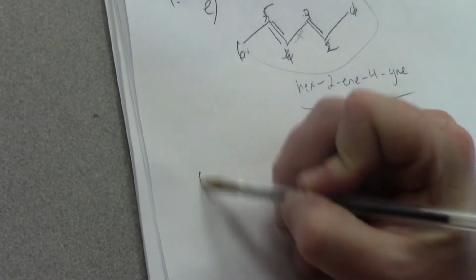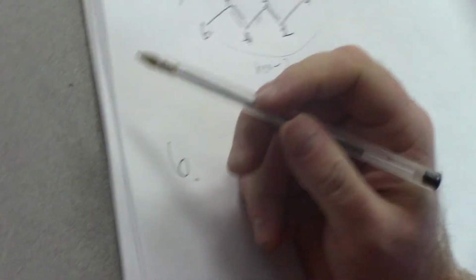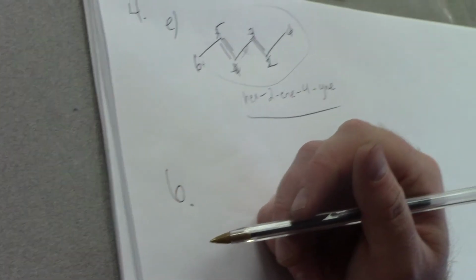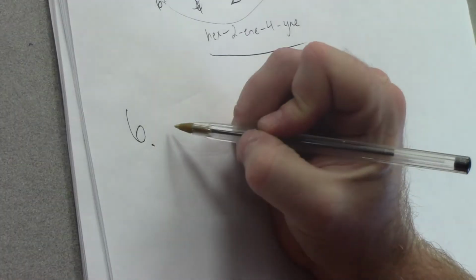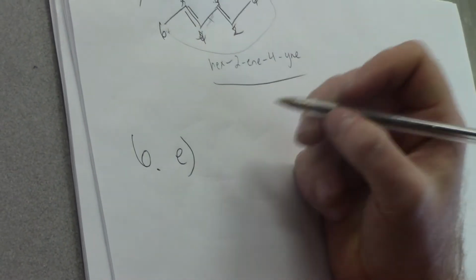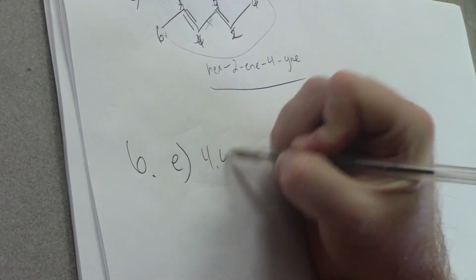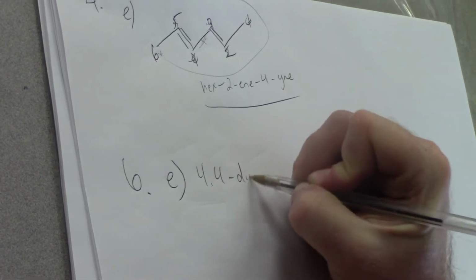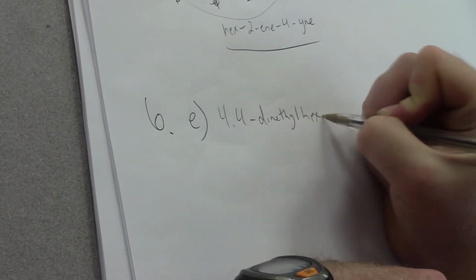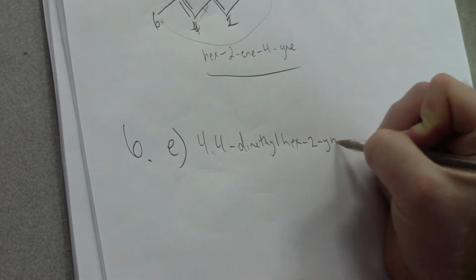Let's look at question 6 on the other side. Okay. Let's look at E first. Let's just look at an alkyne on question 6. So this is 4,4-dimethylhex-2-yne.